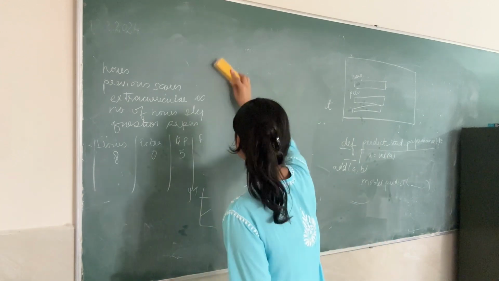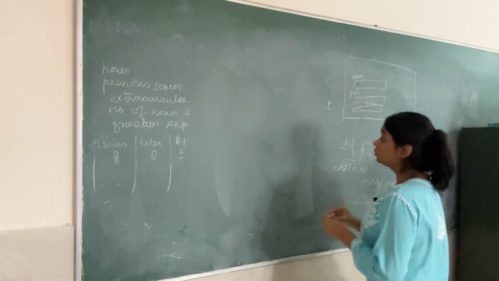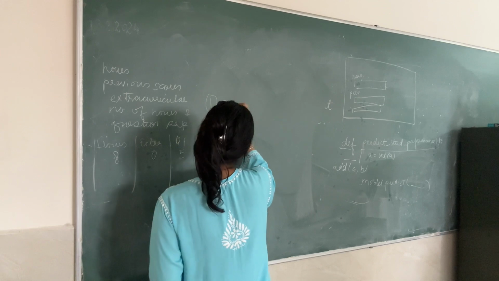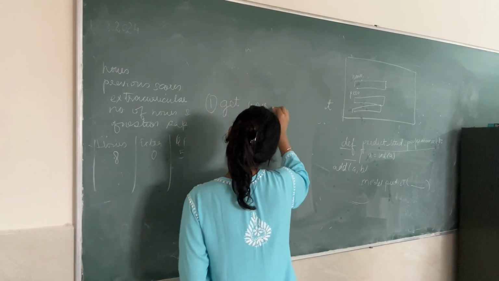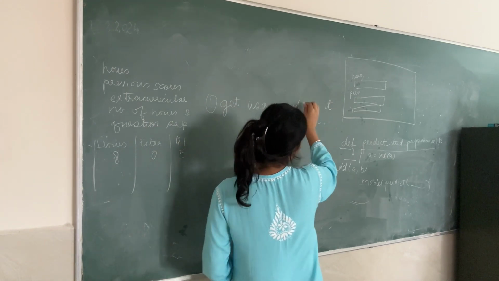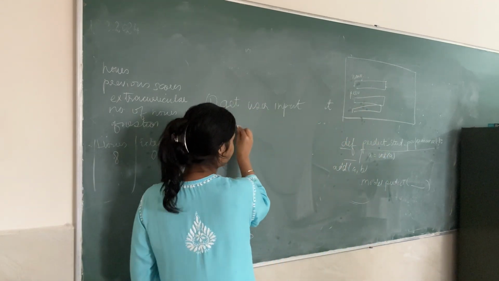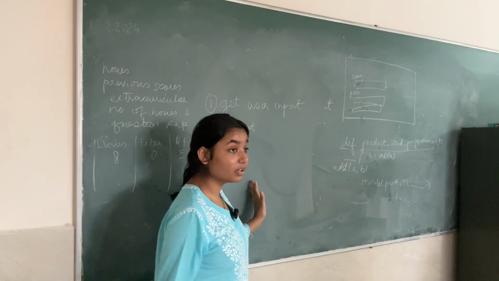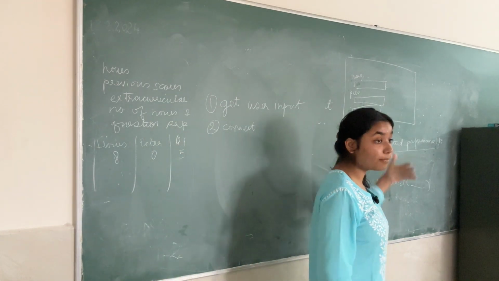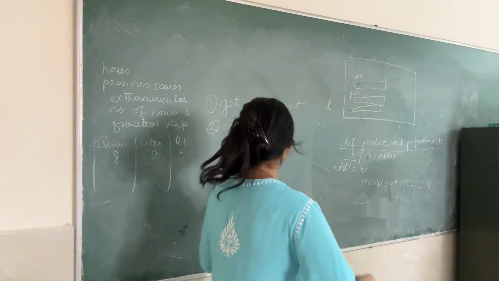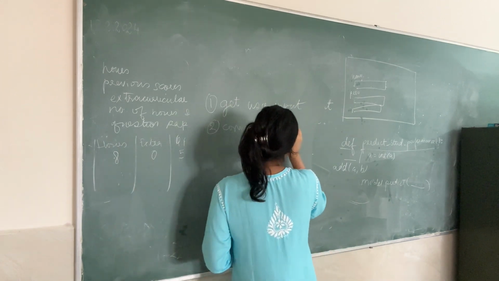Now we have to get user input for all of these numbers, then we have to convert them into integers, right? Because it's going to be in string, but our model understands only integers. So we just have to convert them into integers.